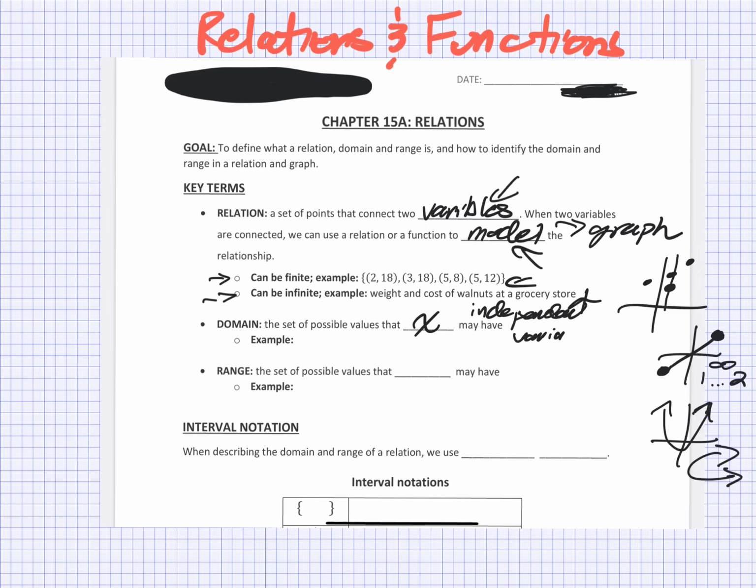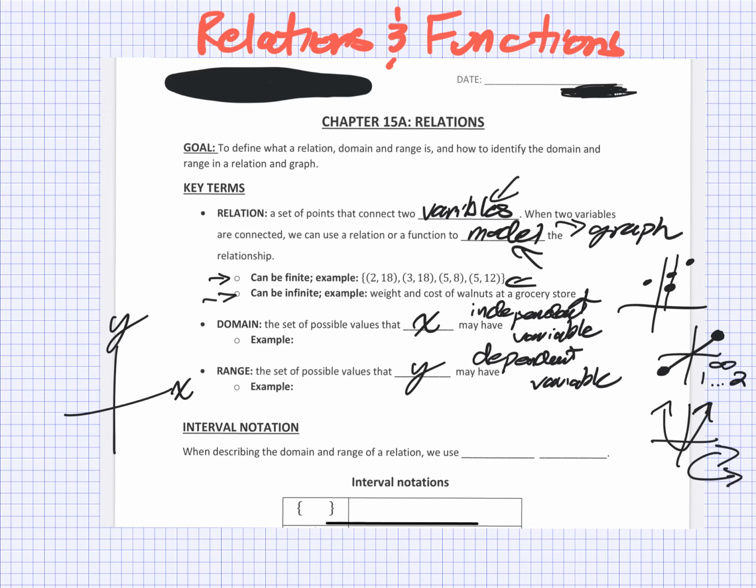And we usually use x to model that variable, and the range is a set of possible values that y, or the dependent variable, may have. The reason they use x and y is because they're really trying to relate it to x being your horizontal values and y being your vertical values on a graph.